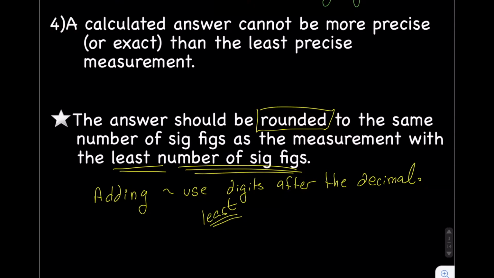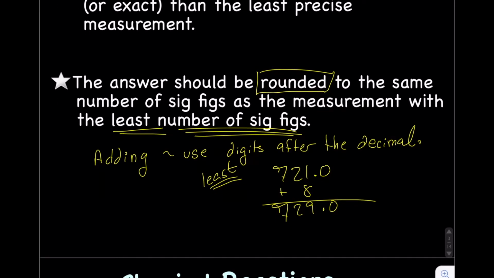So if I had something like 721.0 plus 8. We add that up, we get 729.0. One number has 1 digit after the decimal. This one has no digits after the decimal.